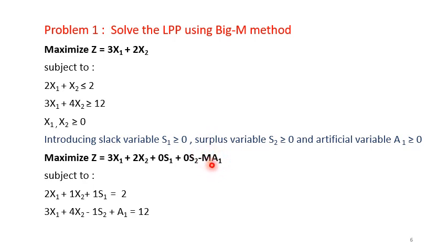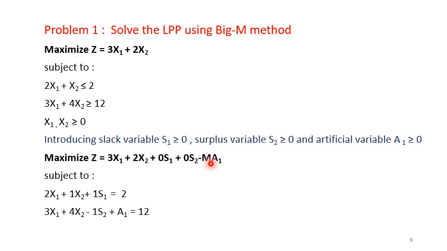M is a very big number, a huge number, which is introduced in the objective function as a coefficient of the artificial variable. If it is a maximization problem, the coefficient will be minus M, that is, M will have a coefficient of minus 1.